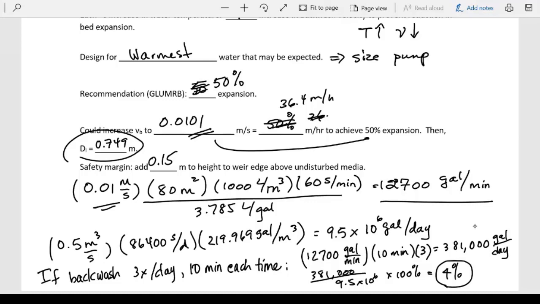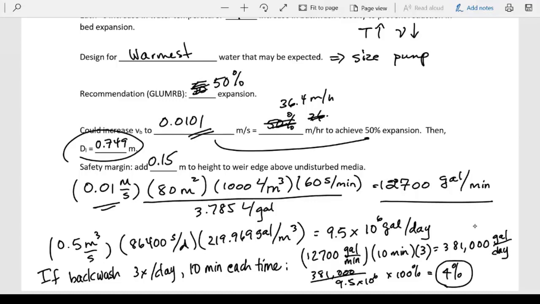So we want to minimize the number of times we backwash per day if we can, and the amount of time that we have to backwash, because that's using a significant amount of our produced water to backwash that filter. So all I've done here is calculate how many gallons per day we produce from the flow rate we started with, just to give you a sense.